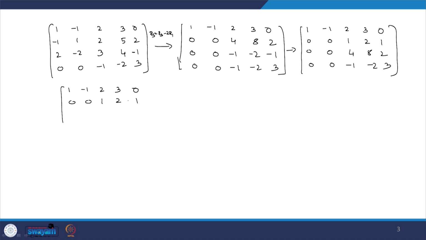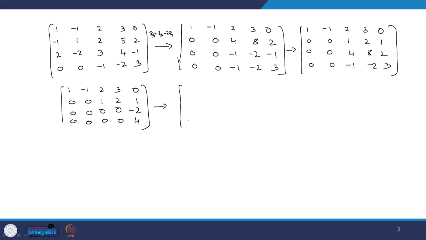Multiplying this row by 4 and subtracting, it will be 0, 0, 0, and this will also be 0. So, 2 minus 4 is equal to minus 2 will come into the picture, and this will be again 0, 0, 0, 0, and I will simply add it. So, it will basically be 4.